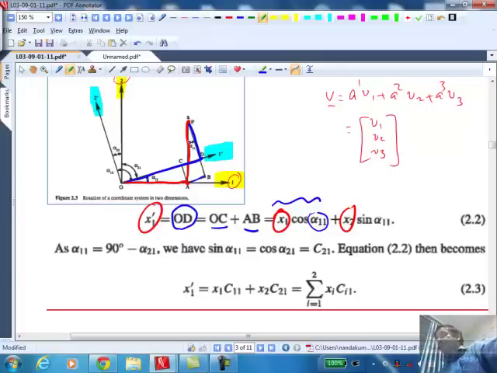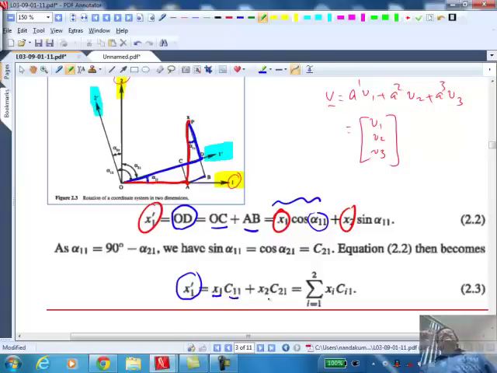So AB is going to be given by x2, which is this vertical red line, times sine of alpha 1,1. Then alpha 1,1 is 90 minus alpha 2,1, and sine of 90 minus alpha 2,1 is cos alpha 2,1. So with a series of trigonometric transformations like that, you can express x1 prime as x1 times c1,1 plus x2 times c2,1.